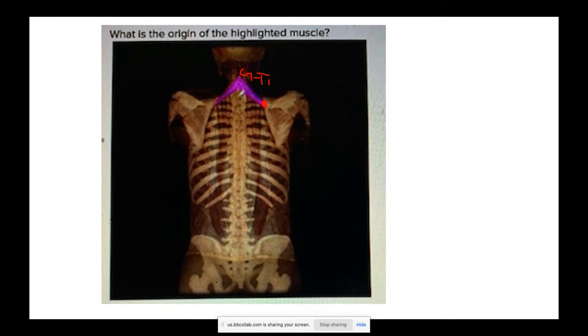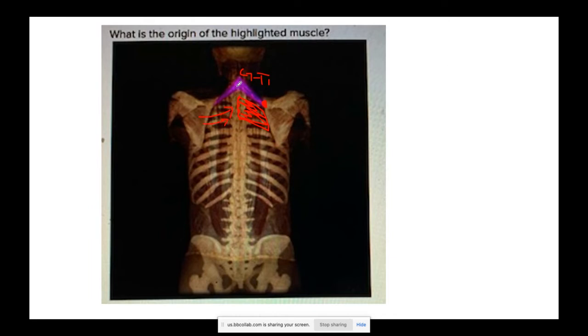Rhomboid major would be T2, T3, T4, and T5, so it would go in this direction. That's rhomboid major. The purple one is rhomboid minor. And again, when this muscle contracts, it's going to adduct the scapula, also known as retraction.